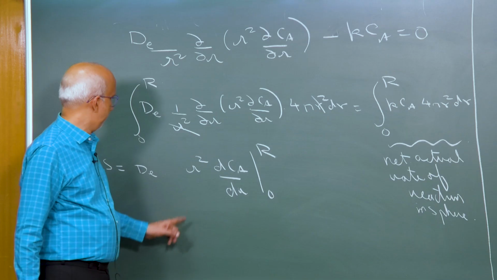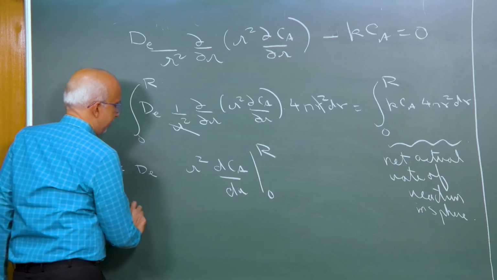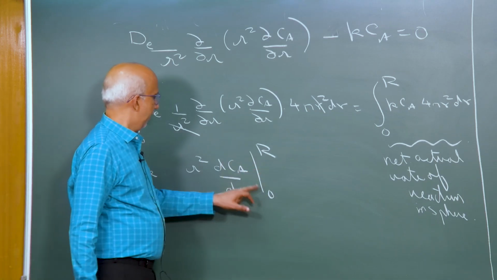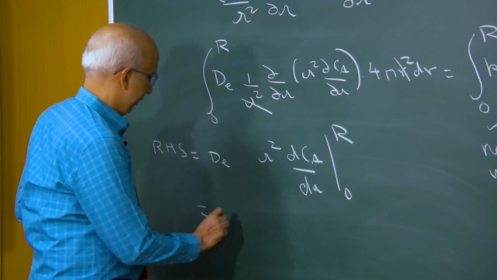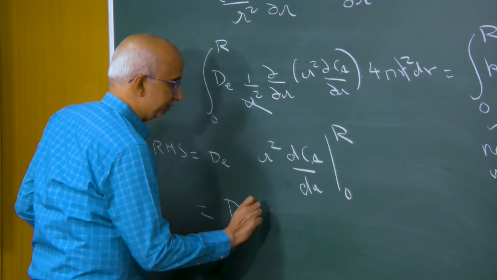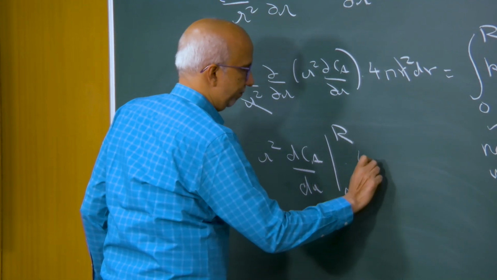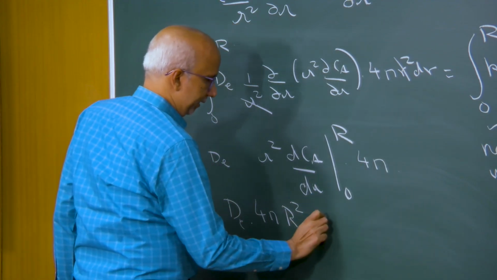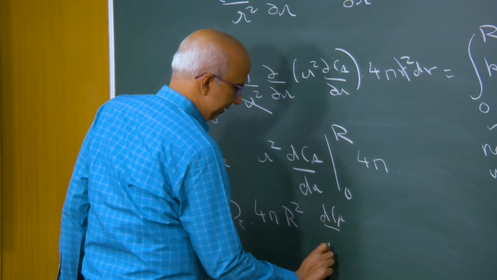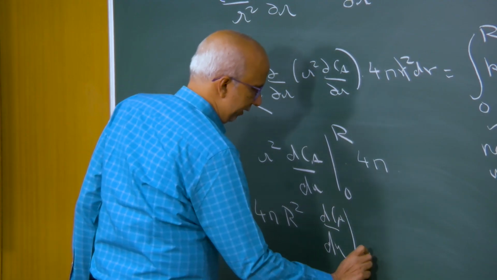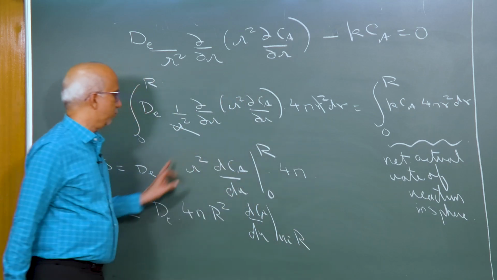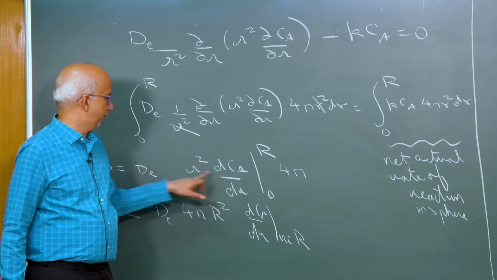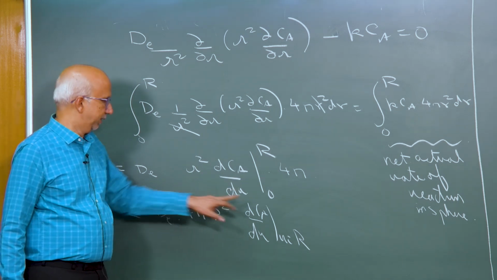Okay. Now, when I evaluate this at R, I will get D_E times 4 pi times r squared times dC_A by dr evaluated at r equals R, minus this quantity evaluated at 0. Because I have r equal to 0 here, the second term is 0.